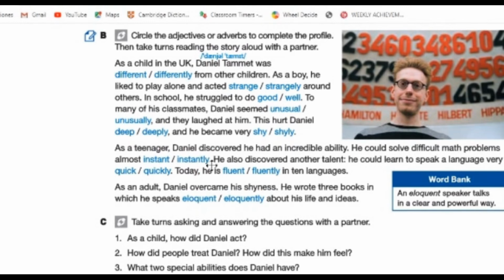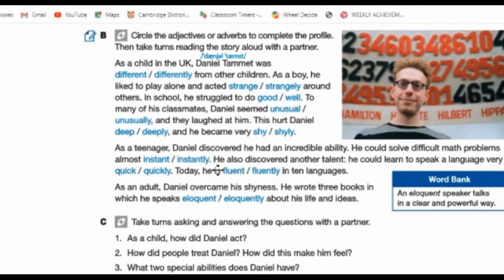He also discovered another talent and he could learn to speak a language very quick or very quickly? Quickly. Yes, because you have to speak, no? So to learn to speak quickly.